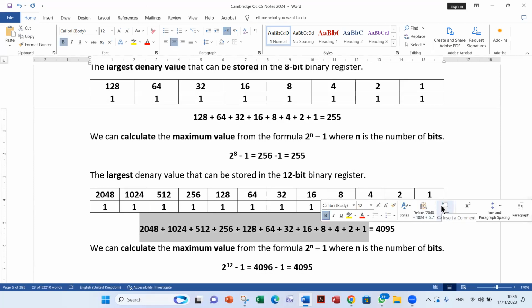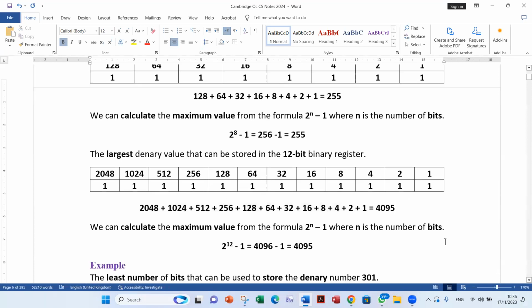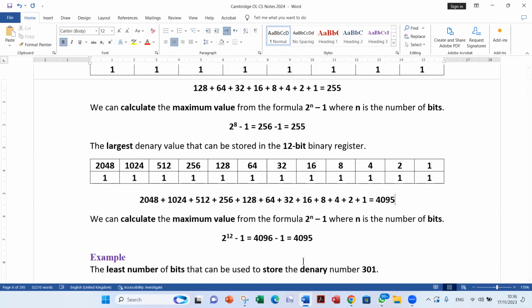Why do I need to tell all these? These are used extensively in the AS, but we are here in the O level. Once I saw a question, and then I said, let us teach it. The question was: what is the least number of bits that can be used to store the denary number 301?